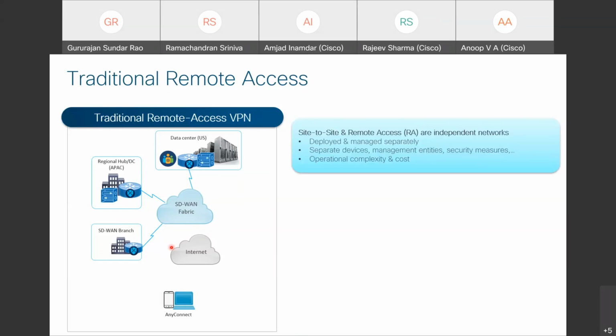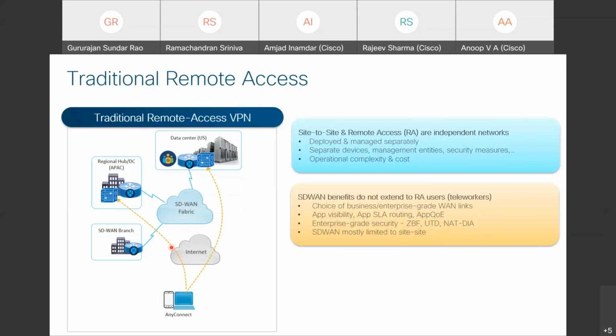A site-to-site network would have its own management station, and the remote access would have its own management entity. So these networks are currently deployed and managed separately, independently. These are considered independent networks with their own management entities, devices, and security measures, which adds to operational complexity and cost.